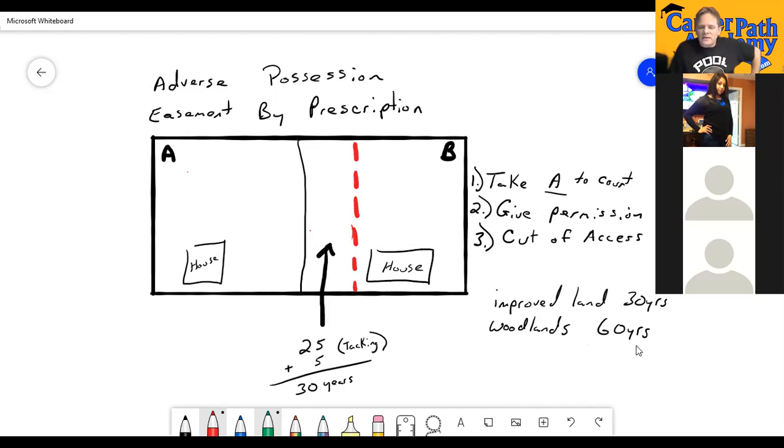So if he's only been using it for 25 years, the next owner or the current one should get this guy off the property, because in 5 more years he can take you to court to perfect that easement and gain ownership through adverse possession, because he's been possessing that property against the owner's permission.